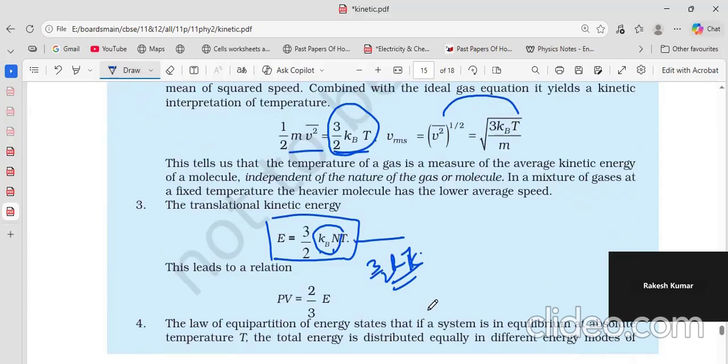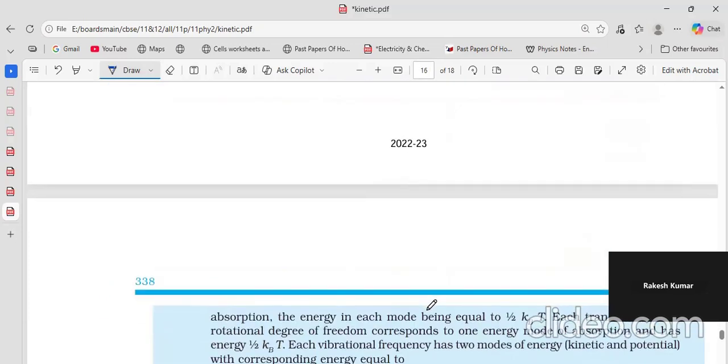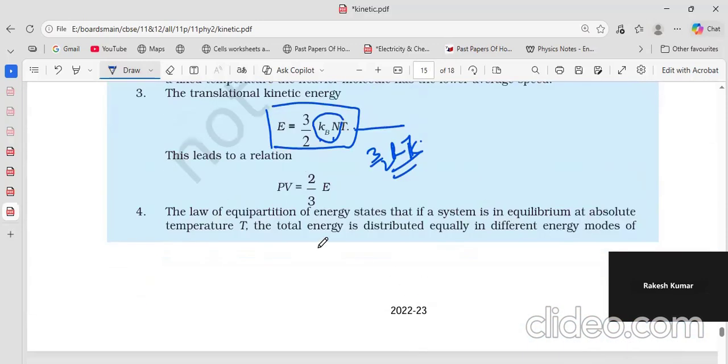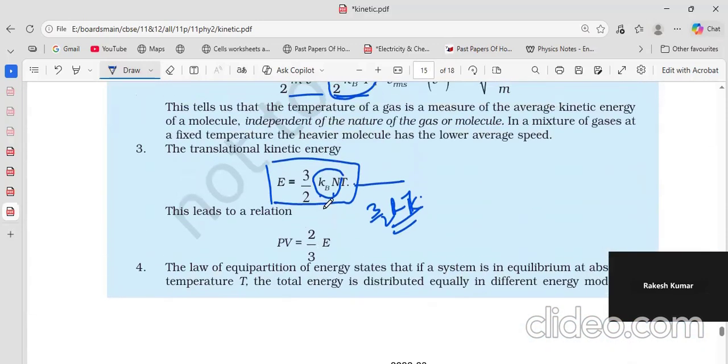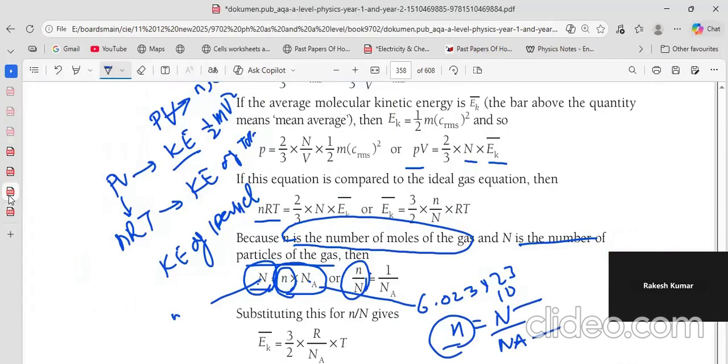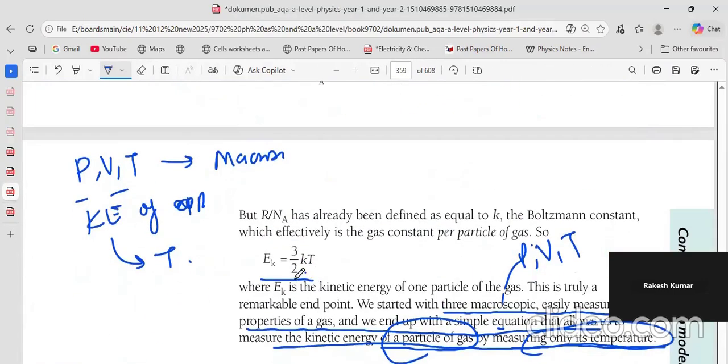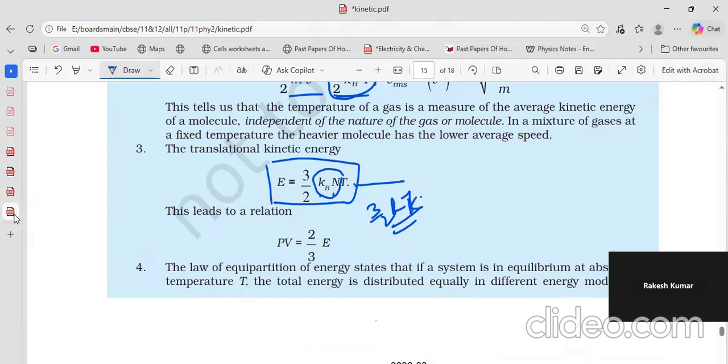So be clear about this: here this is total energy, this is single-particle energy. That's why he says here 3 by 2 kT, and here he is saying 3 by 2 kB into NT. So this is for the whole sample, all the gas, all the particles.